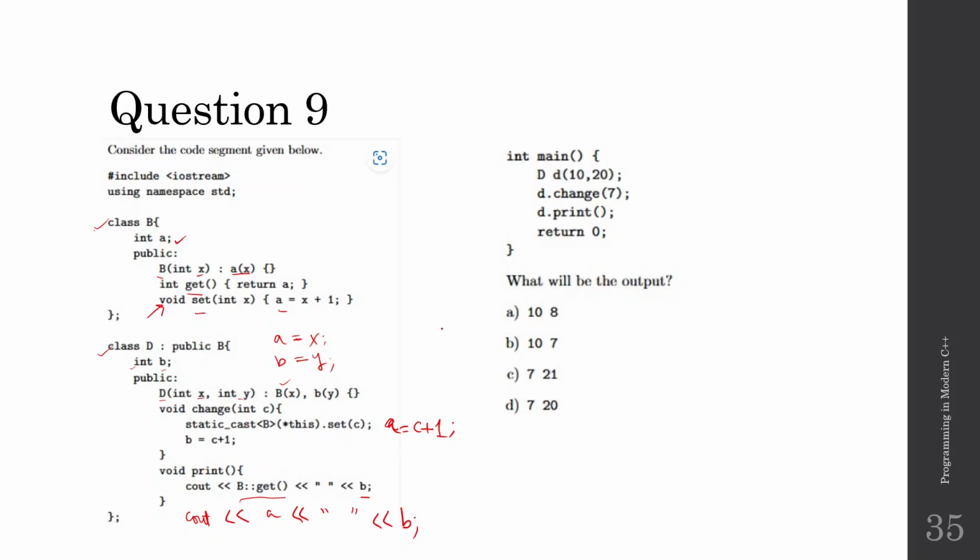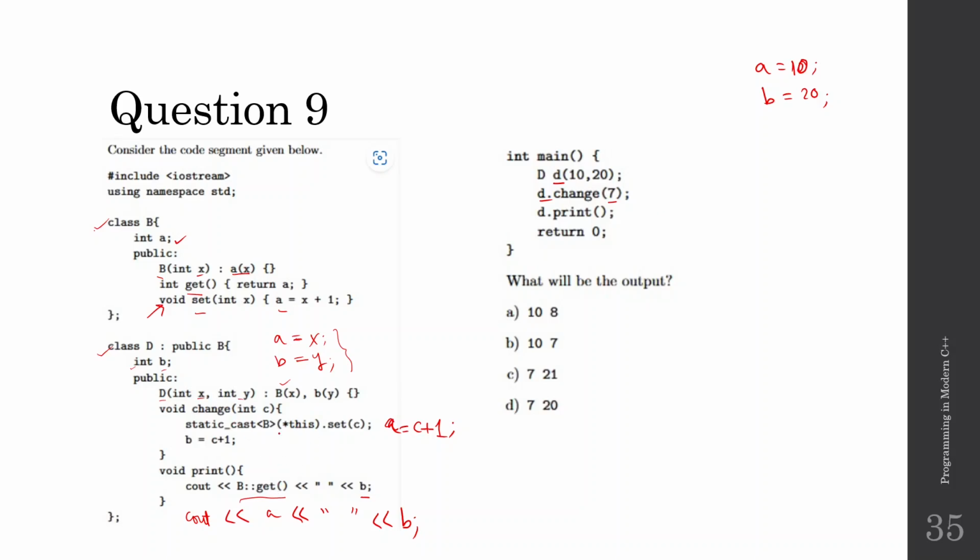Now we go to the main function. In the main function we construct an object small d of capital D type with the values 10 and 20. When we call the constructor, a is equal to 10 and b is equal to 20. Next we call d.change with 7.